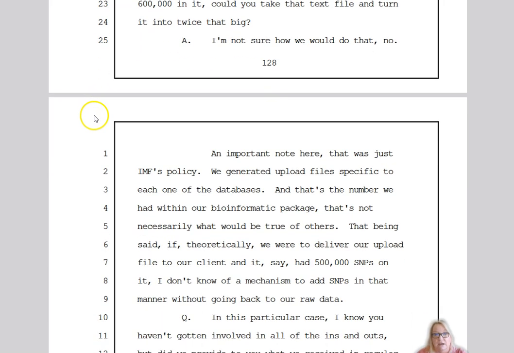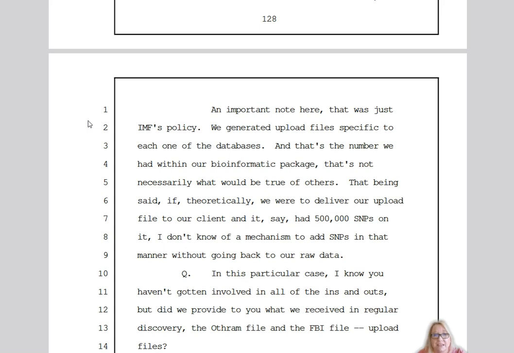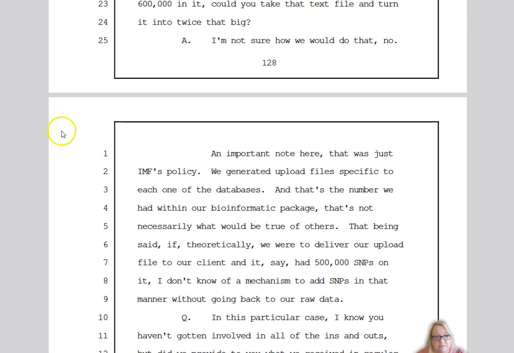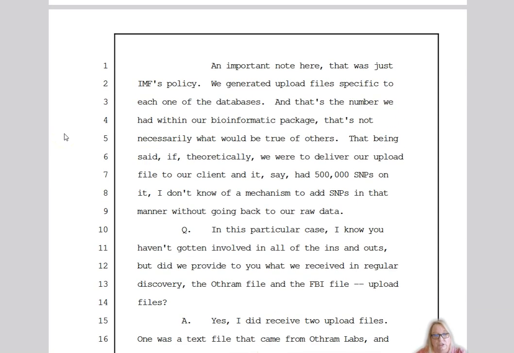And he says, I'm not sure how we would do that. No. He continues. An important note here, that was just IMS policy to get to the 500 or the 650, 500, 600-ish. He says we generated upload files specific to each one of the databases, so meeting their recommendations. He says, and that's the number we had within our bioinformatic package.